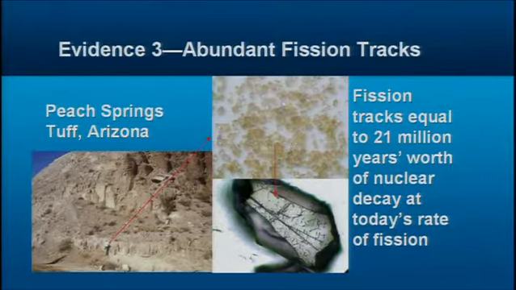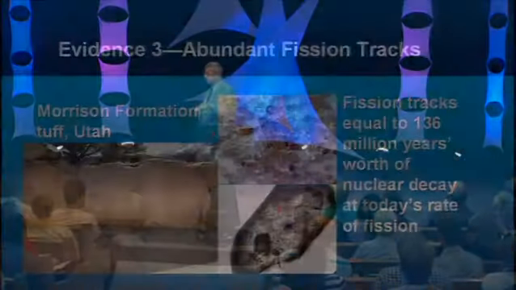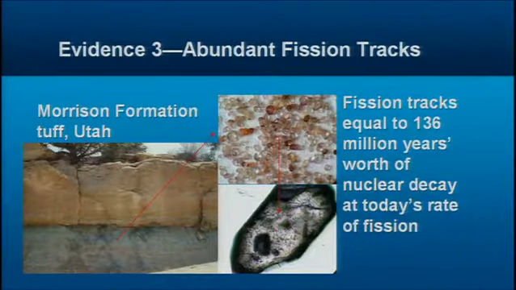Well, we again look at 3 examples. In the Peach Springs volcanic rock unit near Kingman, Arizona, we find fission tracks equivalent to 21 million years worth of nuclear decay at today's rate of fission. This is at the top of the flood sequence. We go down a little further, we go to the Morrison Formation, which is famous for its dinosaurs in Utah.